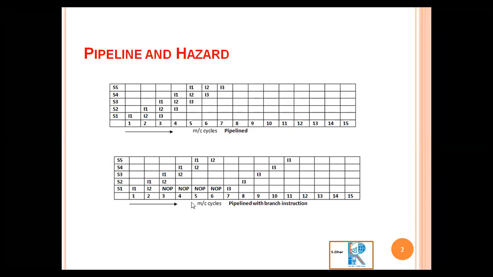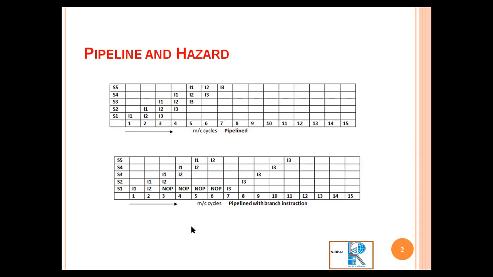Okay. Now see here, when the branch instruction occurs, the processor has to remove all the subsequent instructions. That means the processor has to stop the following instructions after the branch instruction. If the processor starts the following instructions, that is called the hazard in a pipeline.